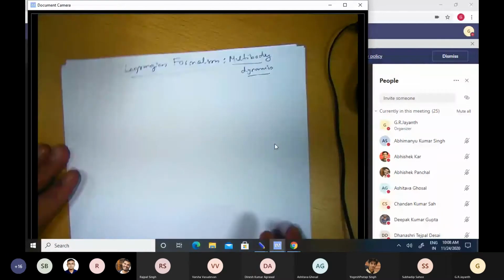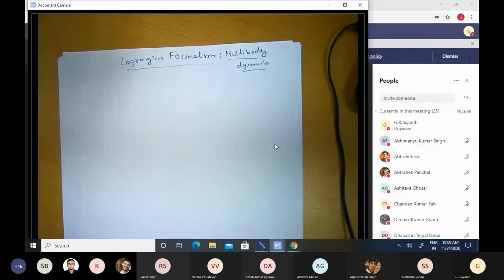The reason we started looking for alternate ways to obtain the equations of motion for a multi-body system was because of the opacity and the complexity associated with Newton-Euler formulation. So hopefully we will have a satisfactory closure to that quest in today's lecture.